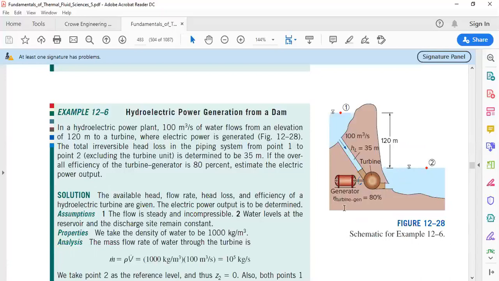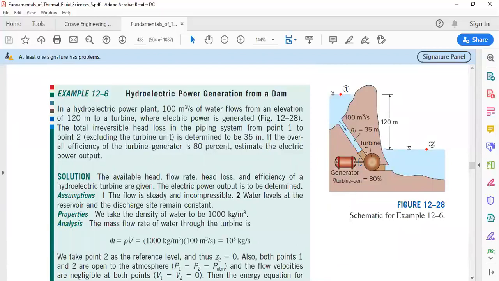And then from the relation of the overall efficiency, we may calculate the electrical power output. So first of all, in order to find the mechanical power decrease of the fluid, we need to apply the energy equation between points 1 and 2.